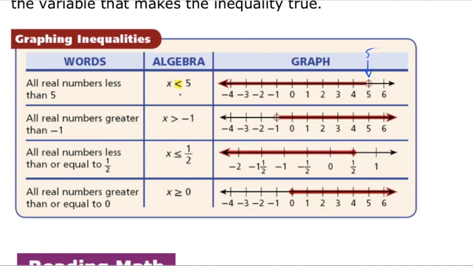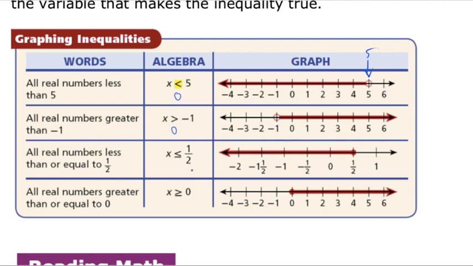Anytime we have a less than sign or a greater than sign, we're going to see open circles at those numbers. That's why on the first one we have an open circle at 5, and on the second one we have an open circle at -1.